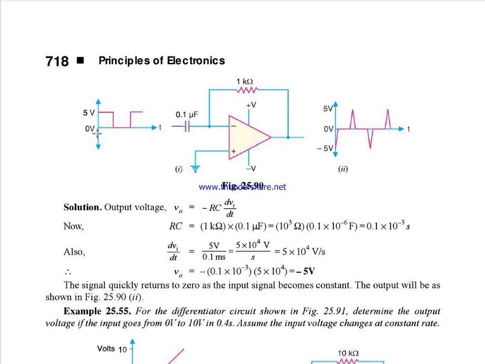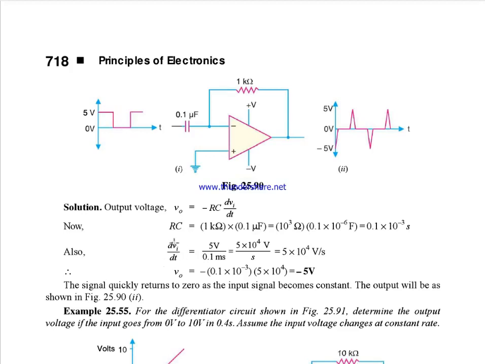Okay. Then what will happen after this 0.1 millisecond? After that, the input is constant. If the input is constant, the output will be 0. Again, for the next 0.1 millisecond, the input is decreasing from 5 to 0.